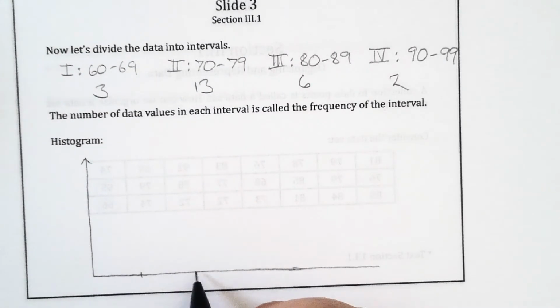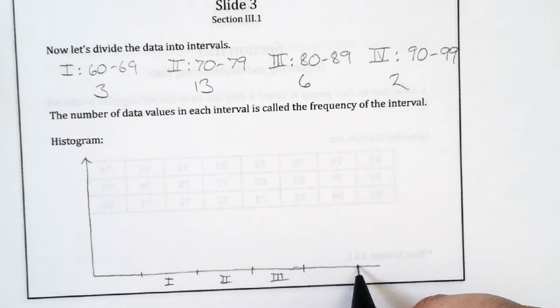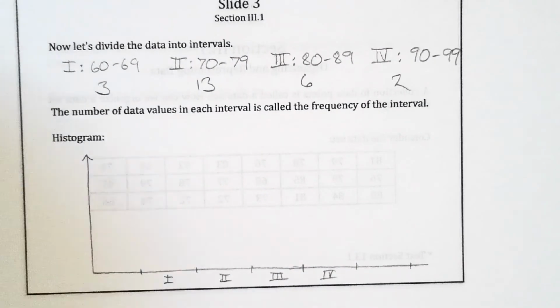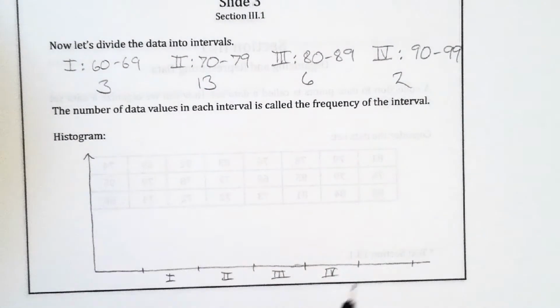So we've got the 60s, or interval 1, 2, 3, and 4. I'm going to leave a blank space here, and put a blank space over here too. You'll see why in a minute. Let's see, we need the vertical axis to go up to at least 13.